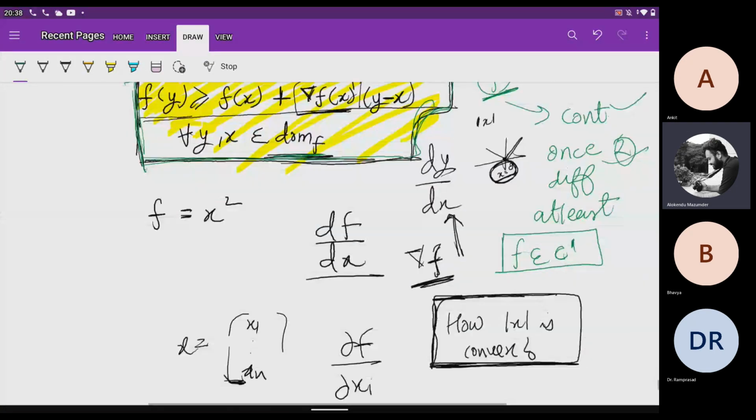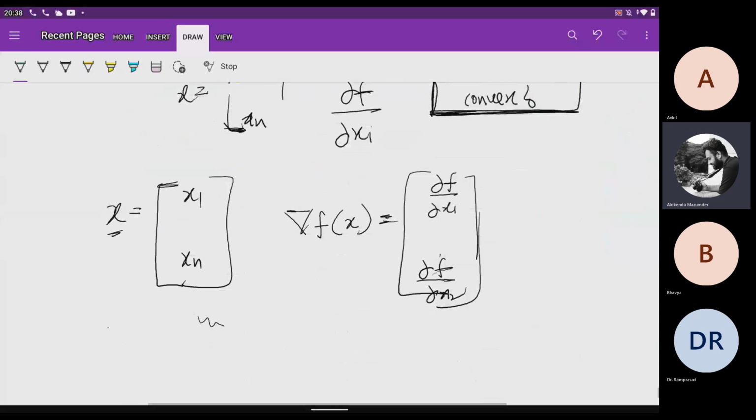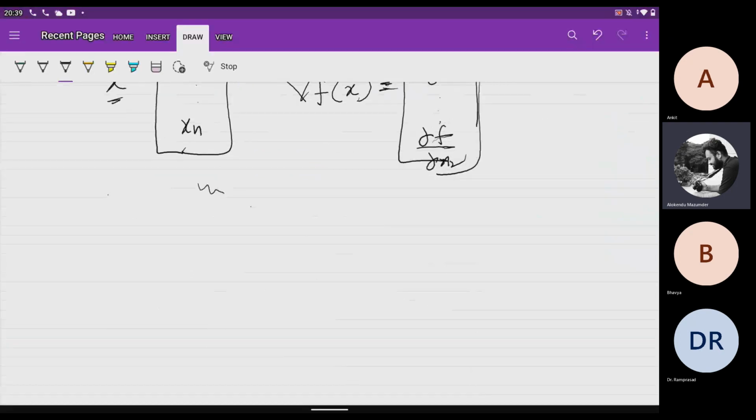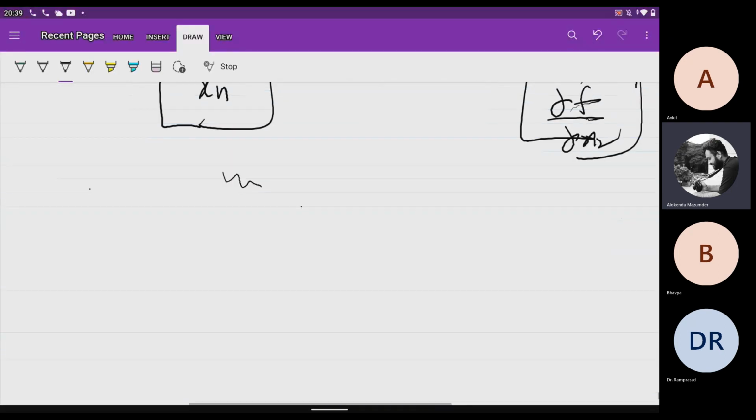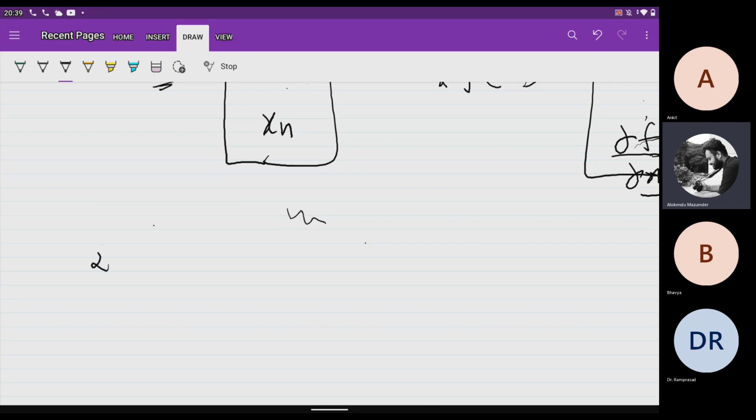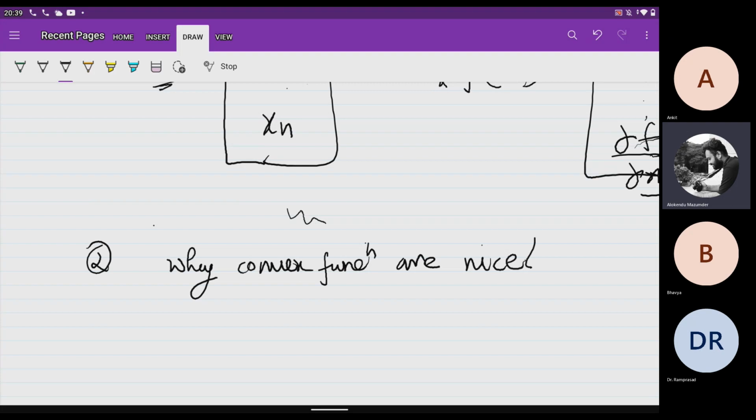Second property. So why are convex functions nice?